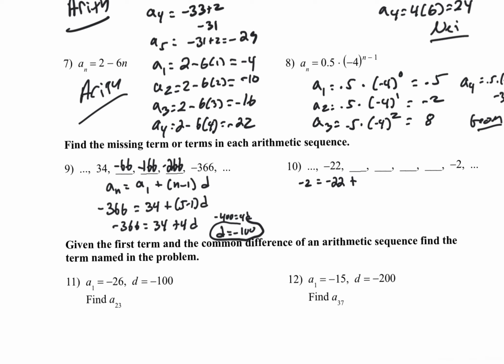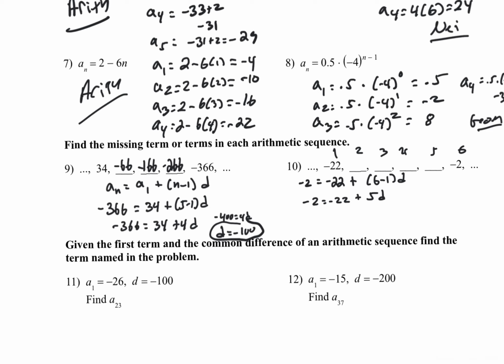This should be, let's just erase here, sorry. It just should be 6 minus 1 times d, because that's our first, second, third, fourth, fifth, sixth. My bad. So that's negative 2 equals negative 22 plus 5d.